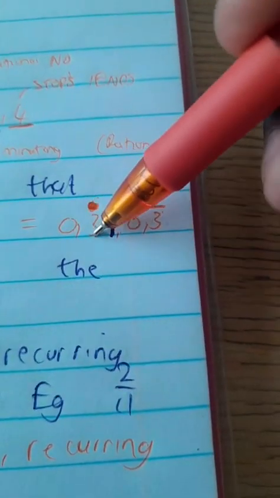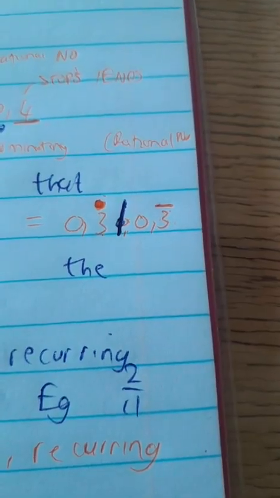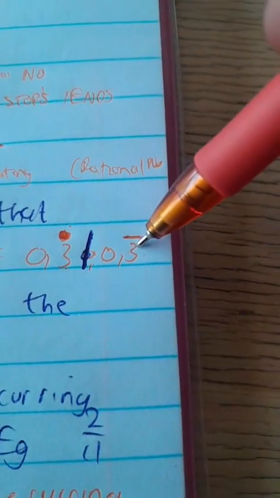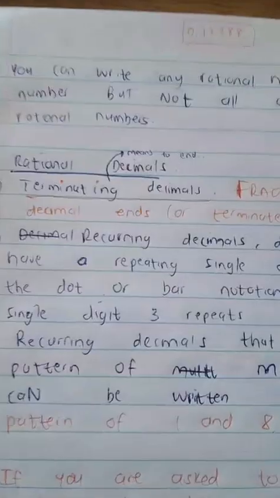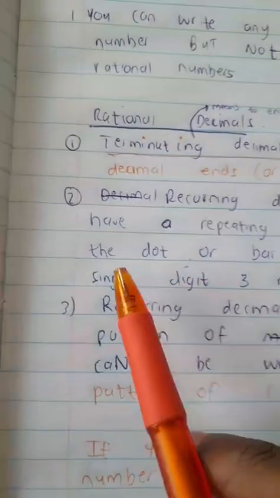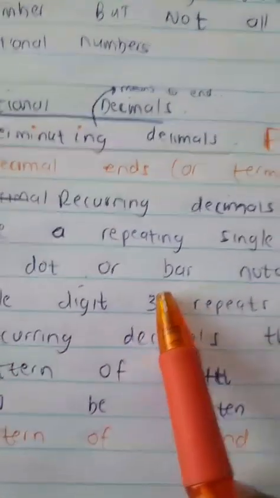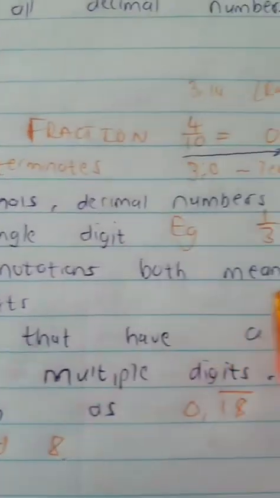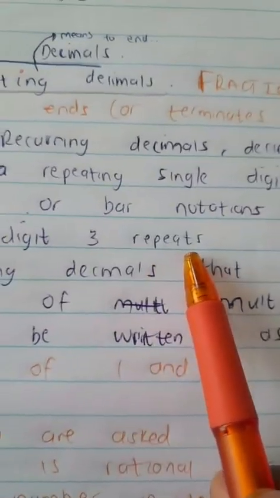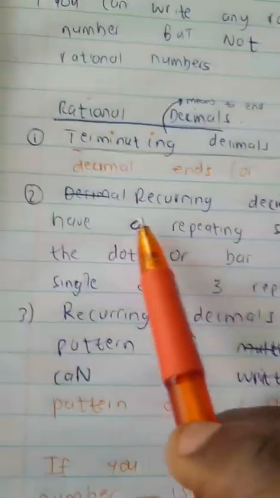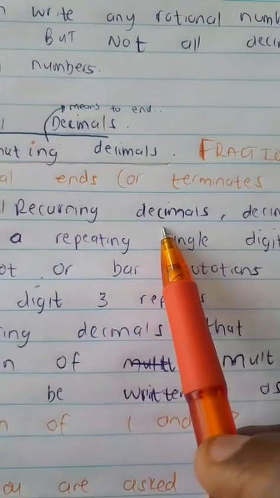So this is 0,3333 infinitely, no end, goes on forever. The dot or the bar notations both mean the single digit 3 repeats. That's a recurring decimal.